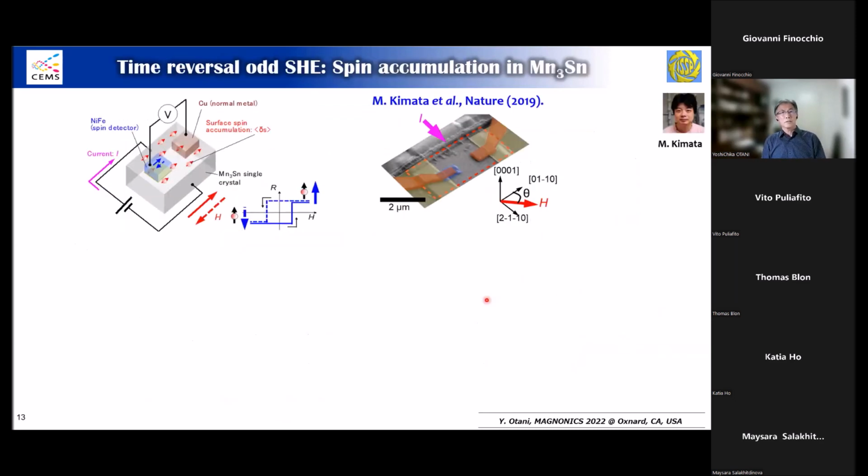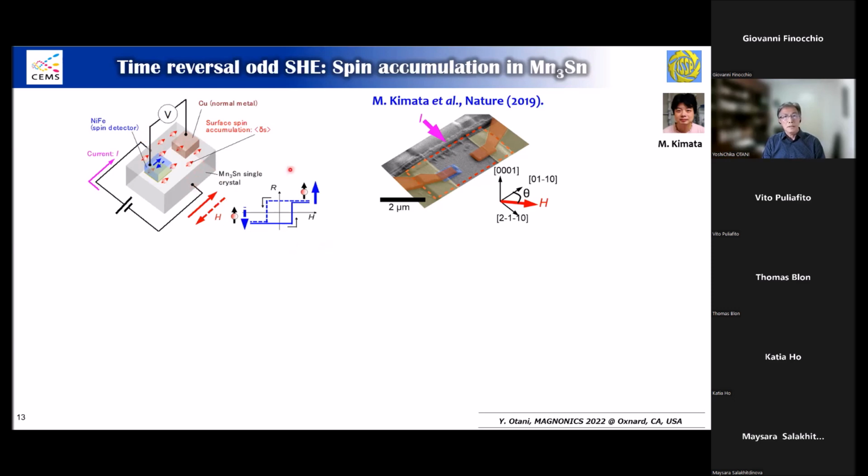So what we are interested in, as we have been working on non-local spin valves and spin accumulation, is this: if there is such a huge anomalous Hall effect, then we can automatically expect spin accumulation in the surface region as a result of the anomalous Hall effect. That's what we thought at the starting point. We started to measure by putting a ferromagnetic electrode aligned with this electrode, perfectly orthogonal to the current direction.